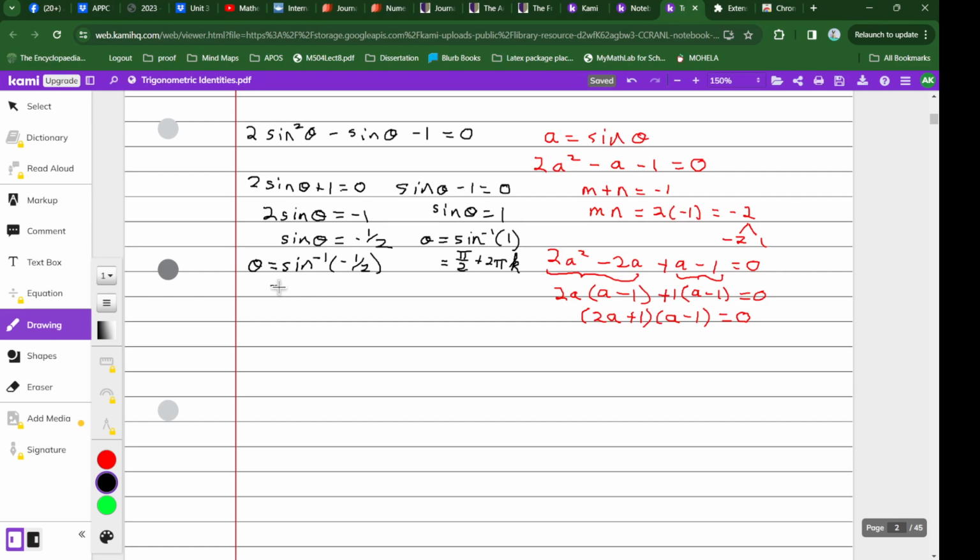And that means that theta equals one of two values. Theta is either going to equal 7 pi over 6, or it's going to equal 11 pi over 6.